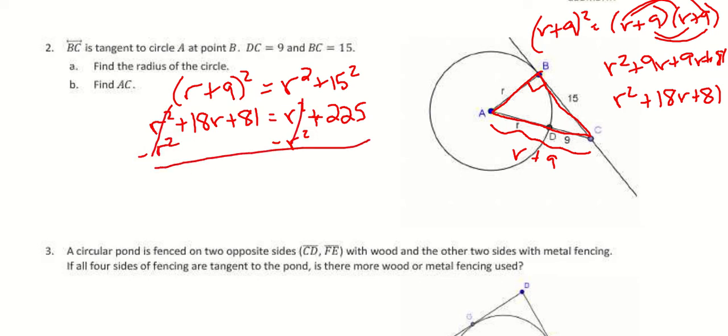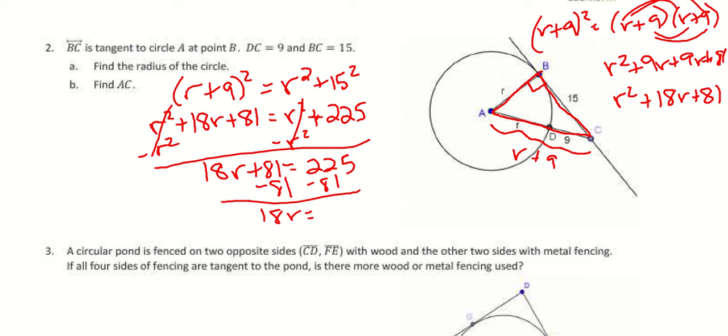So it's going to start as a quadratic, but it's actually just a linear equation here. And I get 18r plus 81 equal to 225, and I just keep solving. So now I'm going to move the 81 over, and 225 minus 81 is 144, and then divided by 18 should give us the answer.